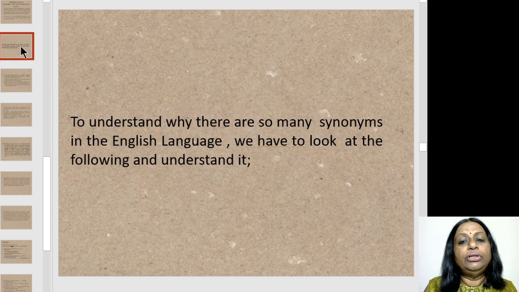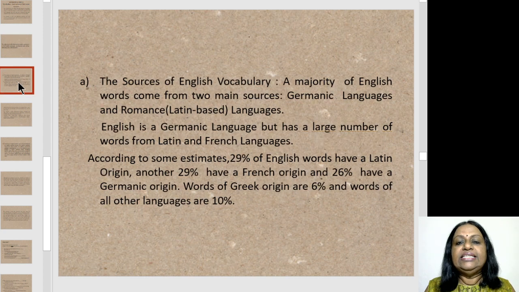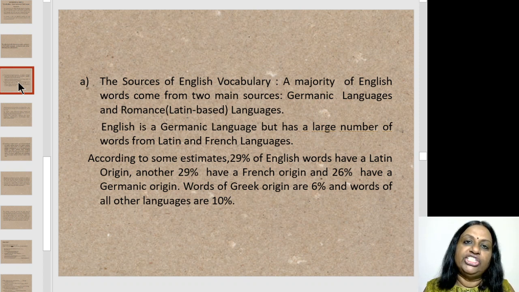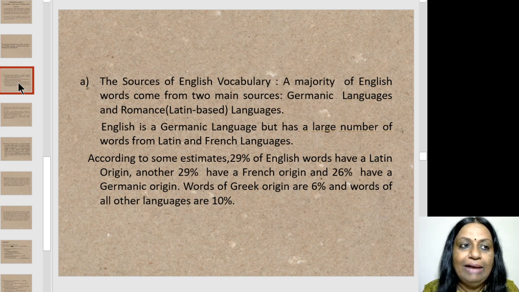To understand why there are so many synonyms in the English language, we need to understand certain things. One of the most important things is the source of English vocabulary. The majority of English words come from two main sources, the Germanic languages and the Romance or Latin-based languages.